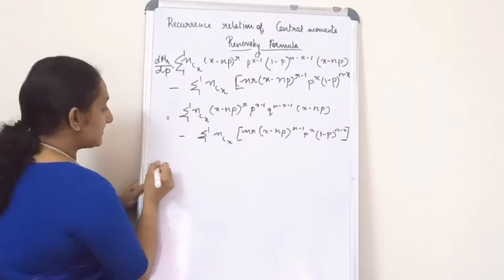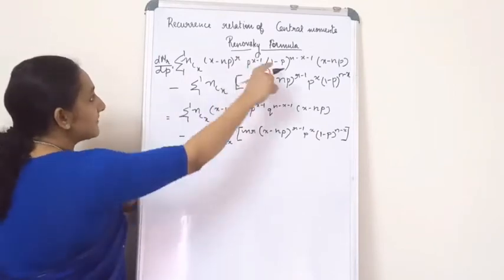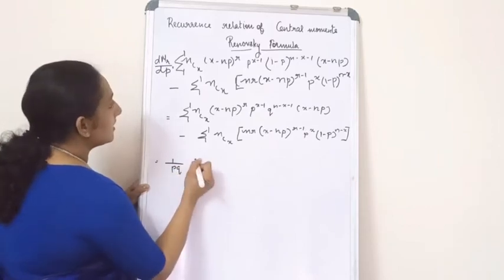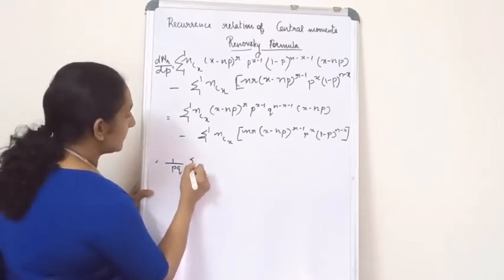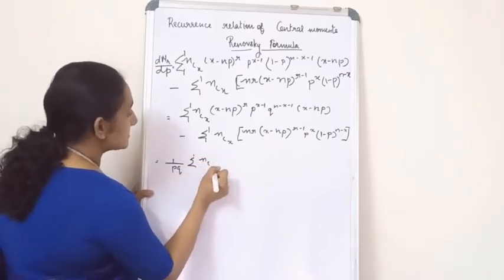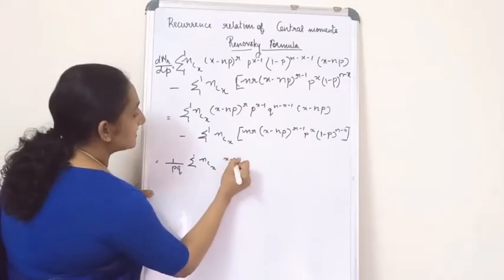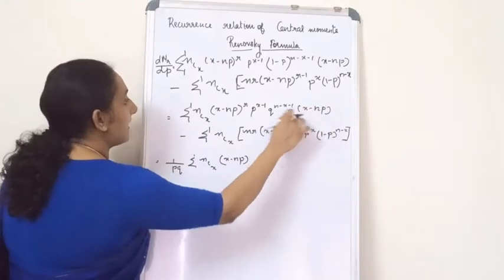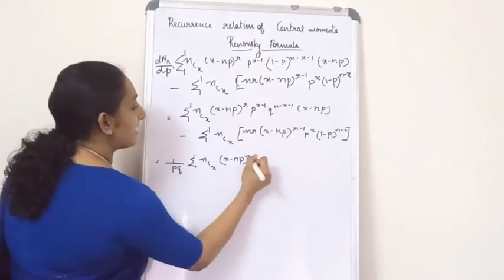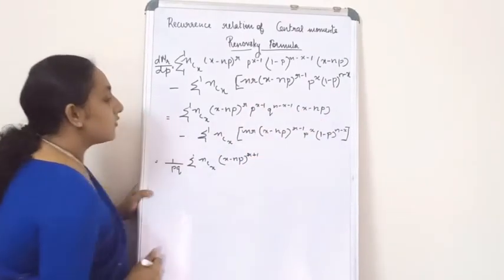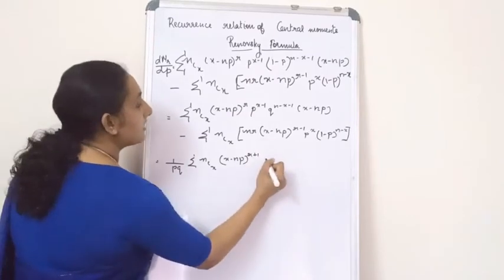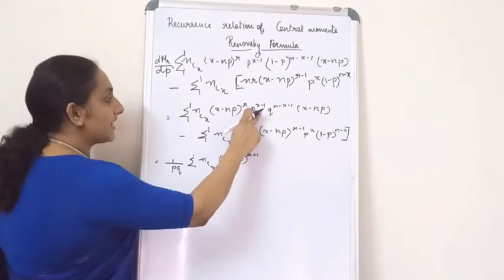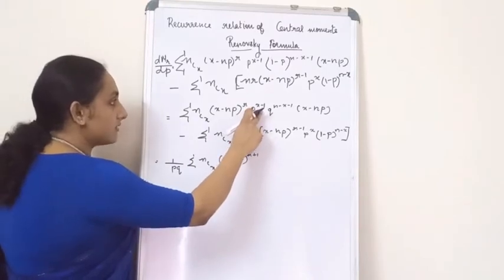Now, as I said before, I am going to divide this first term by pq. 1 by pq summation nCx (x minus np) the whole raised to, so here also I have an x minus np, so I am going to combine this, (x minus np) the whole raised to r plus 1, p raised to x minus 1. When I divide by pq, I will multiply a p over here and a q over here.